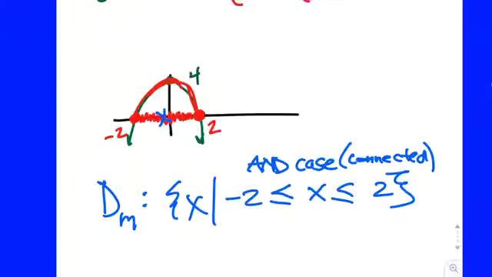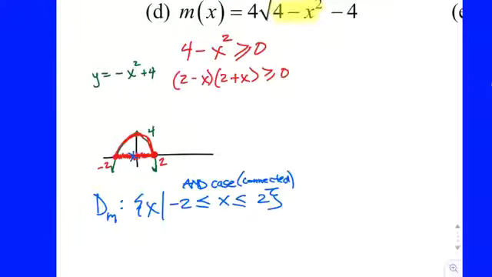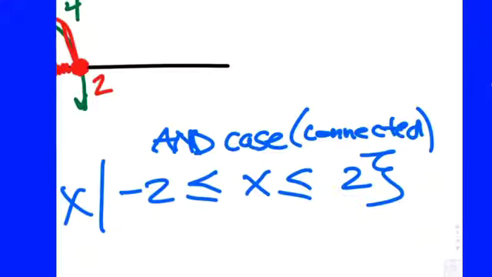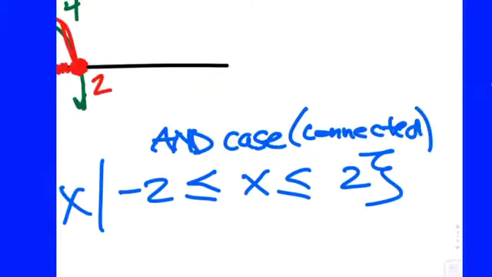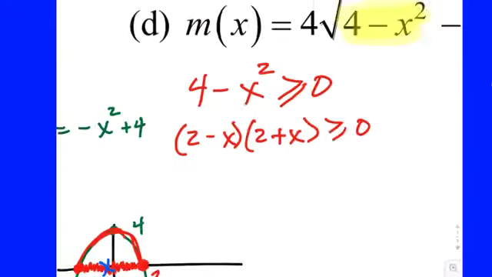Okay, so the real way to read this is not necessarily from left to right. You read these compound inequalities kind of from the middle out. So you would say x is greater than or equal to negative 2, and x is less than or equal to positive 2.